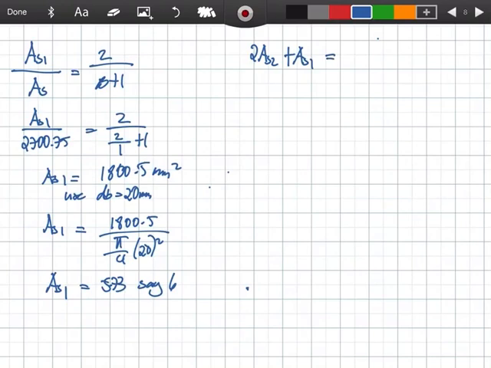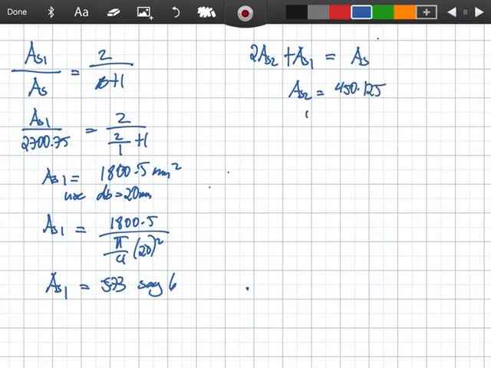So, AS2 is equal to what? Yung naiwan na lang. Ano yung naiwan? 2,700.75 minus 1,800.5, divide it by 2. 450.125.